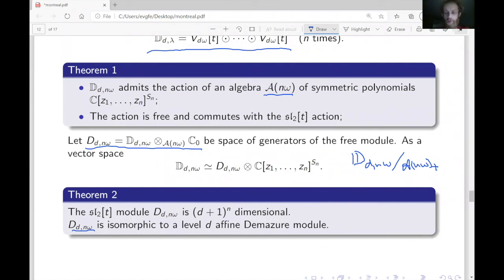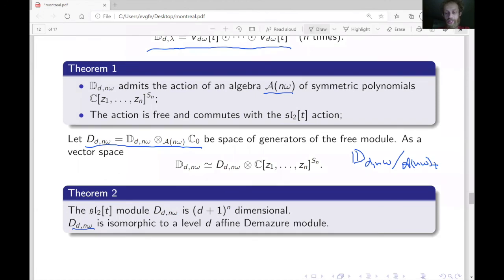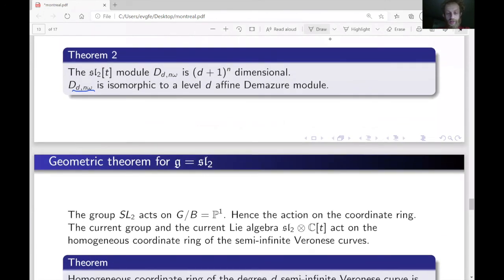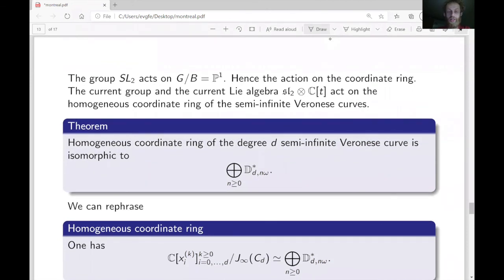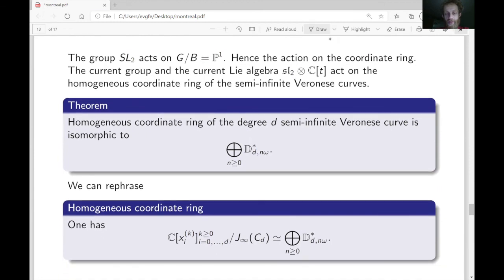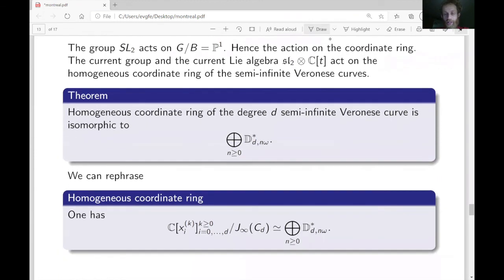So let's give the geometric theorem for SL2. We are going to describe the vanishing ideal of this semi-infinite Veronese curve.